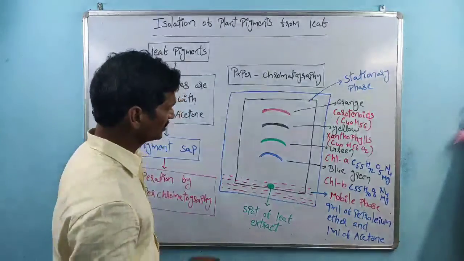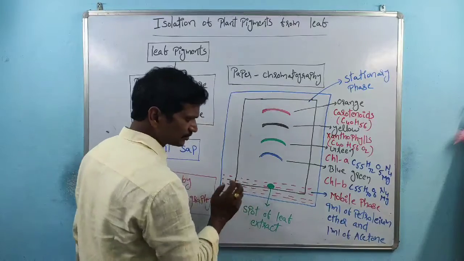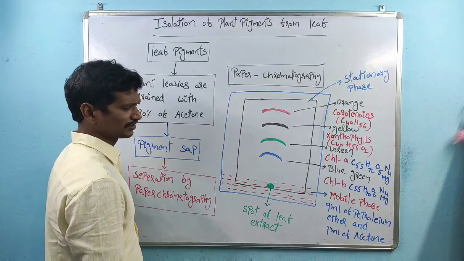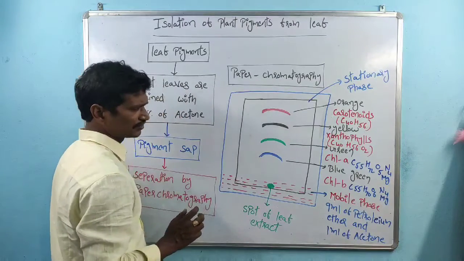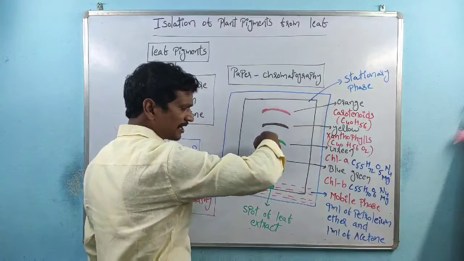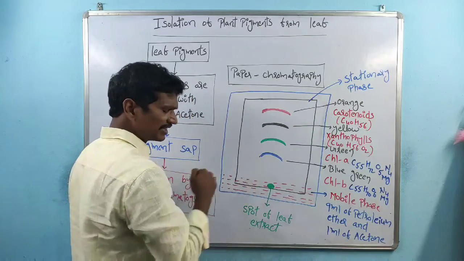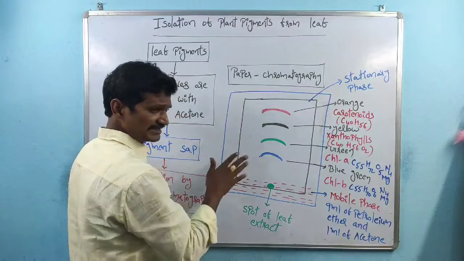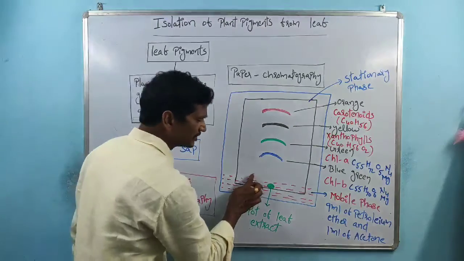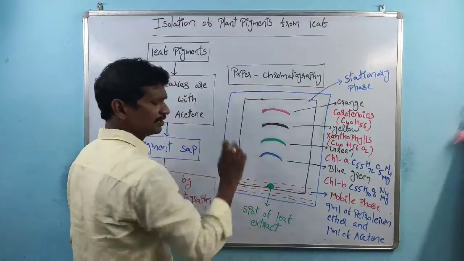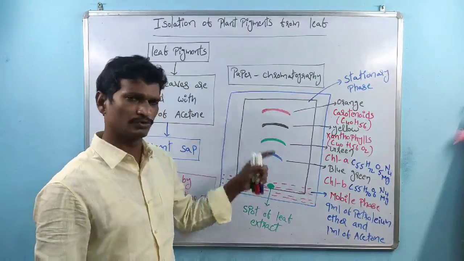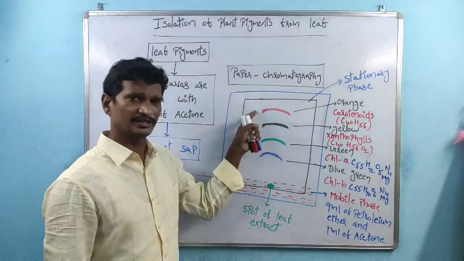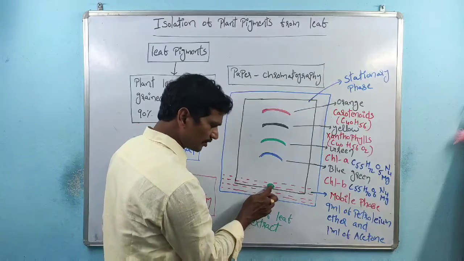The chamber contains a liquid solution. We insert the paper inside the chamber, into the liquid. Once the paper is kept in the liquid solution, the pigments start moving from the spotted place in the opposite direction.